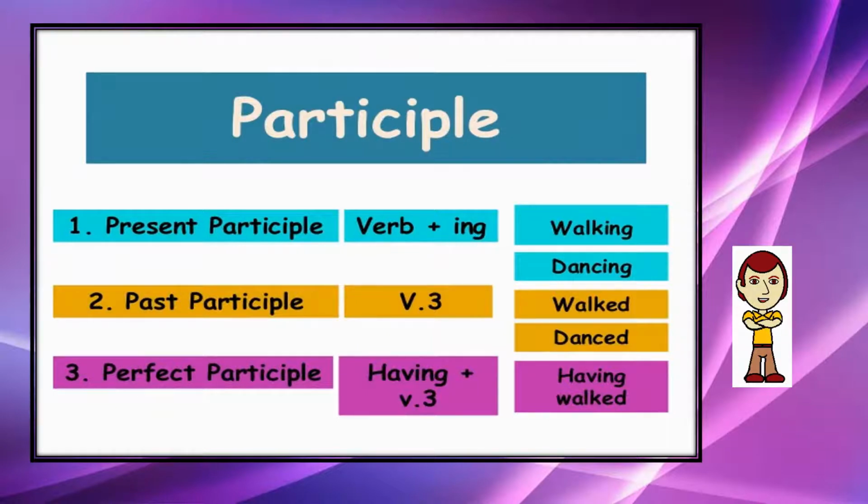If we add ing, it becomes walking. Dance, dancing. Past participle: verb 3, walked, danced. Perfect participle: having plus verb 3, means having walked. In perfect participle we use having plus the third form of the verb.